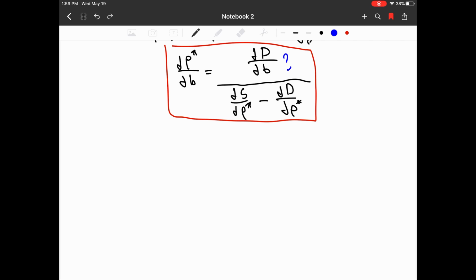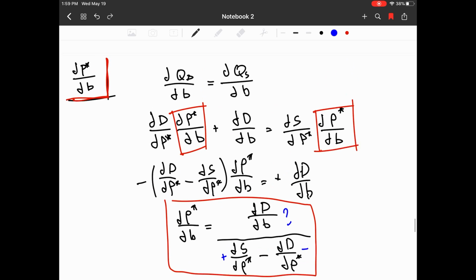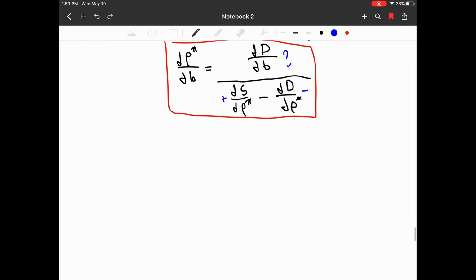So from the law of supply, we know this is positive. When price goes up, quantity supplied goes up. And from the law of demand, we know that when price goes up, quantity demanded goes down. But this negative value is multiplied by a negative.